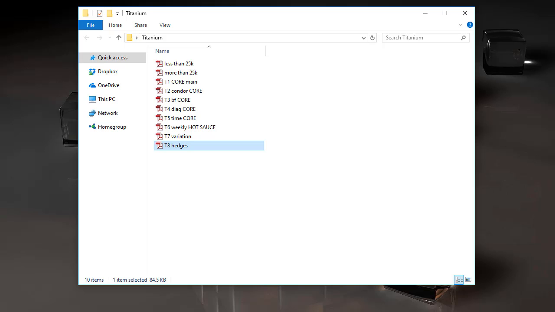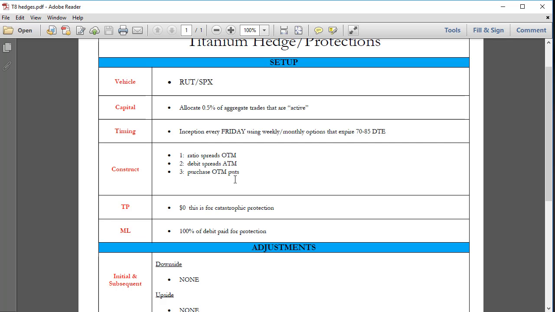All right, well, that's just the cost of hedging and protecting so that you can sleep comfortably at night, not worrying about risking $200,000 of a trade while you're letting the time decay. All right, and again, I'll go through a few examples to show you some of the ways to set up some of these different hedges to where how a ratio spread performs differently than just the debit spread or the out of the money puts.